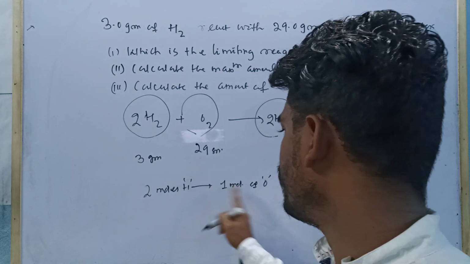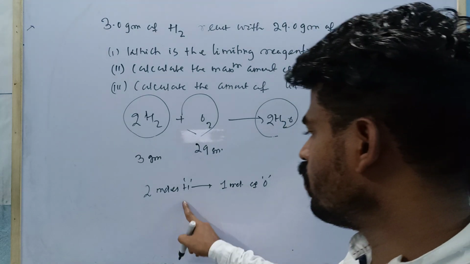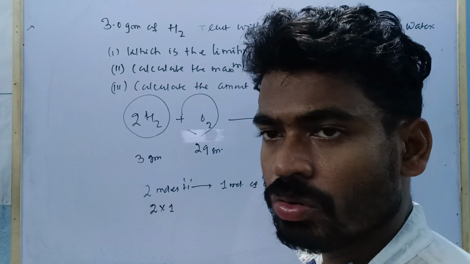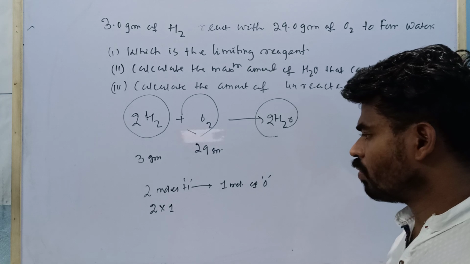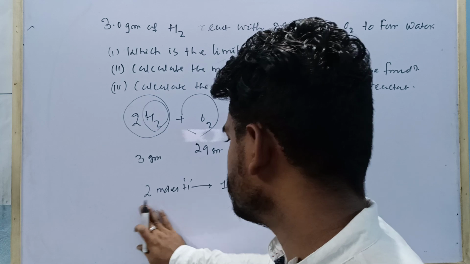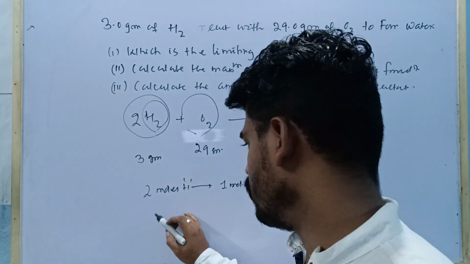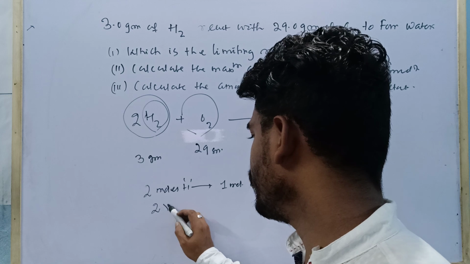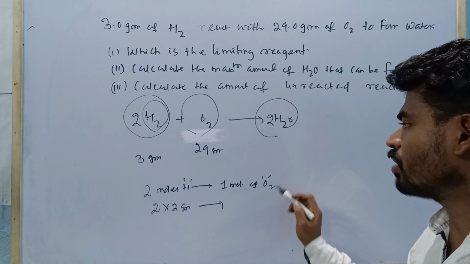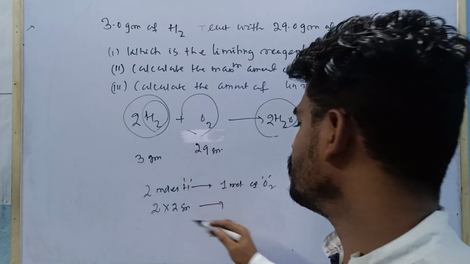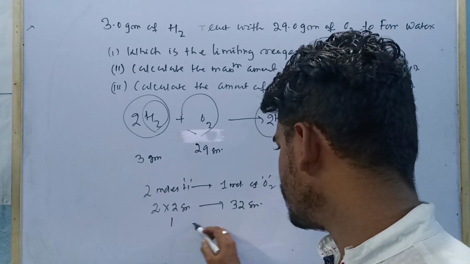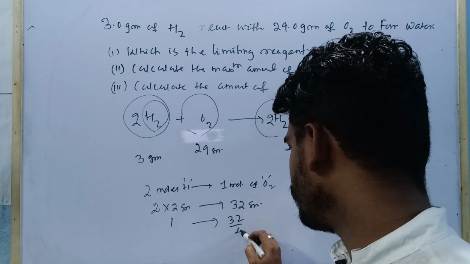The molecular weight of hydrogen is 2, so 2 moles means 2 into 2 gram of hydrogen requires 1 mole of oxygen. Oxygen 1 mole corresponds to its molecular mass, that is 32 gram. So 4 gram of hydrogen requires 32 gram of oxygen, so 1 gram requires 32 divided by 4.